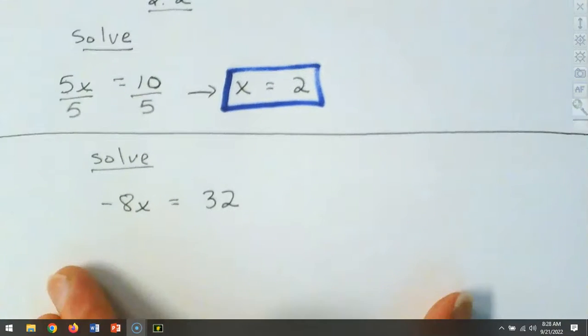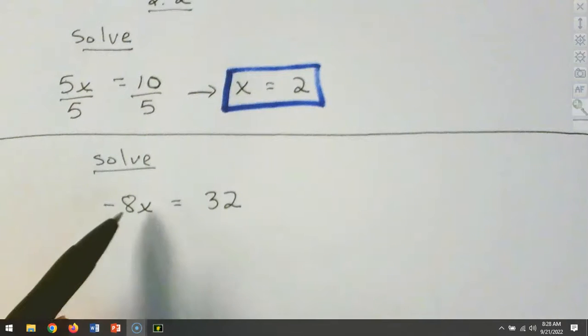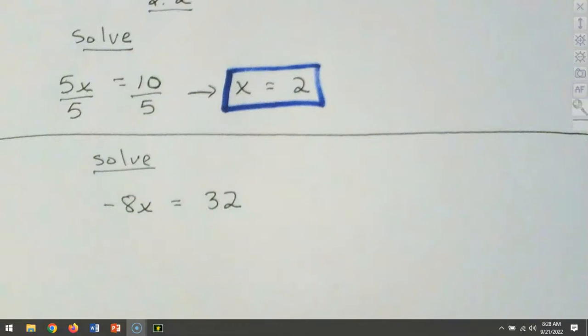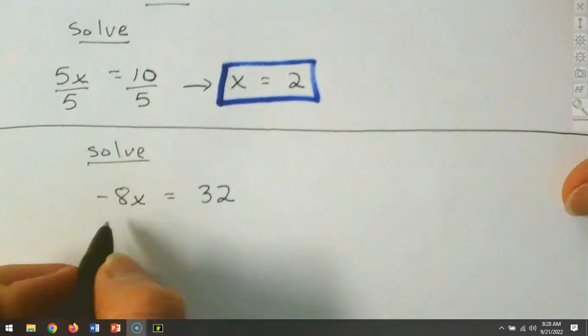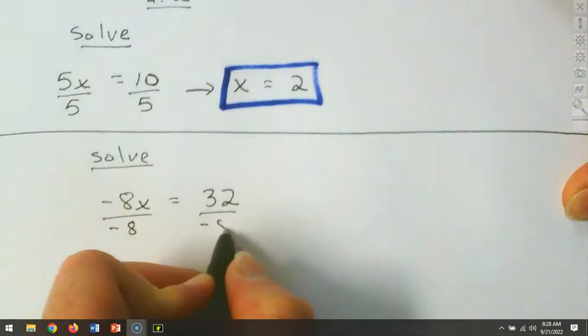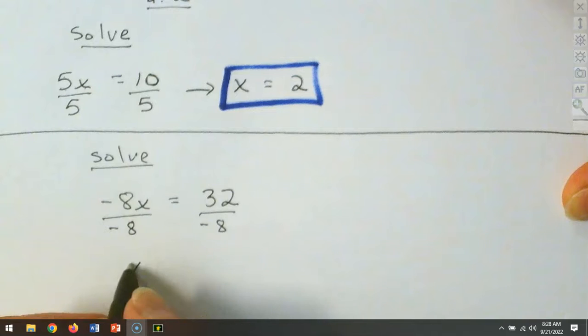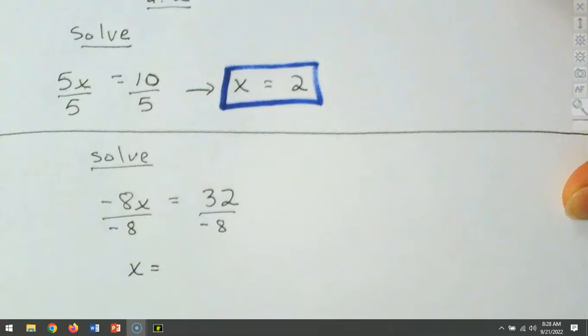Again, very simple. Now I need to get rid of the 8 in front, and it is negative. So how do I get rid of that? It's multiplication. What's the opposite of multiplication? Division. So I'm going to divide both sides by a negative 8. Those can cancel, and that leaves you with an x by itself on the left-hand side.